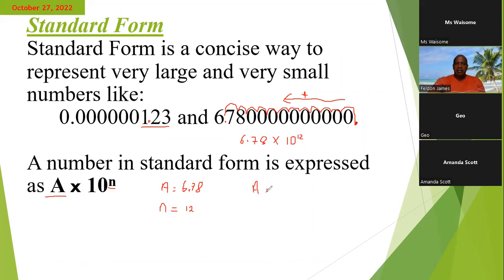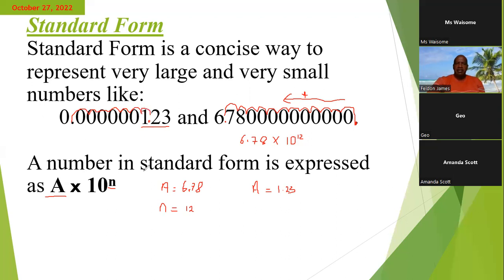Now that we know what A is, the next thing we need to do is to find N. N will be how many places you move from where the point was to where you now place the point. The point was between these two zeros here, so we move it and count the number of places until we get to the new position for the point: 1, 2, 3, 4, 5, 6, 7.